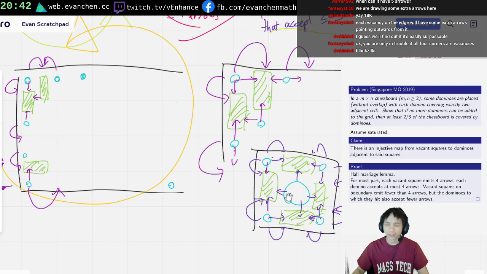If there's a corner and I delete it, then what I can prove now is essentially that the number of vacant minus 1 is less than or equal to the number of dominoes.